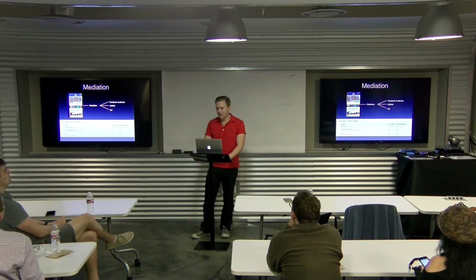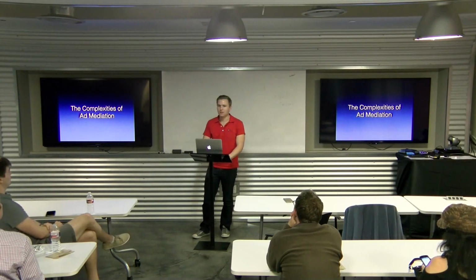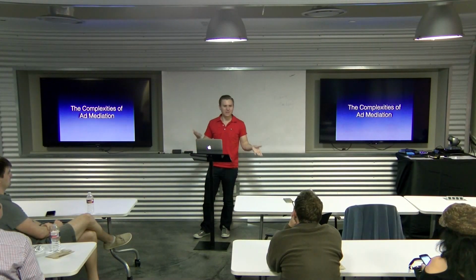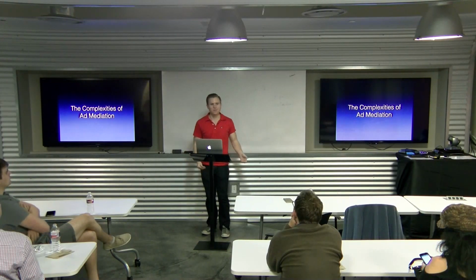So one big problem with mediation, which I started off my presentation complaining about, is that it's really undocumented. I don't know if it's because Google doesn't want you creating all this competition in their own network, which sounds like a disadvantage to themselves, to openly offer the ability to compete with Facebook and iAd and all of these competitors.